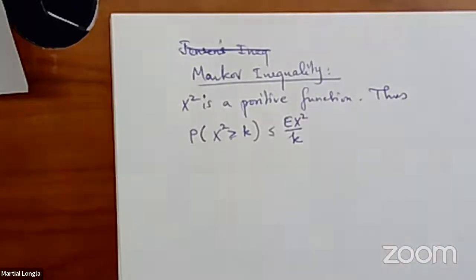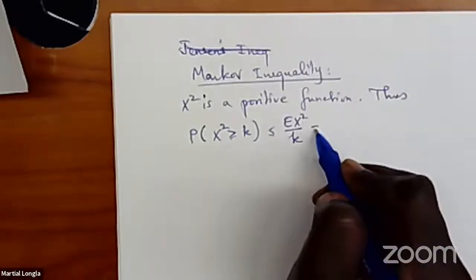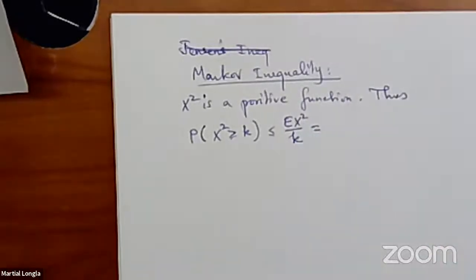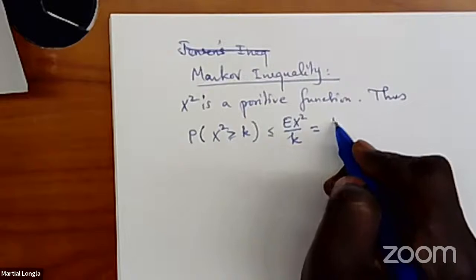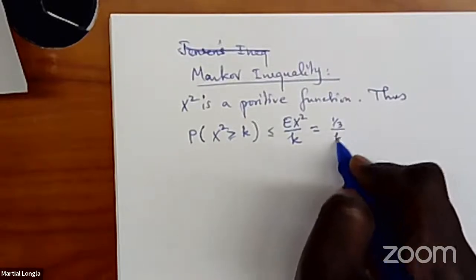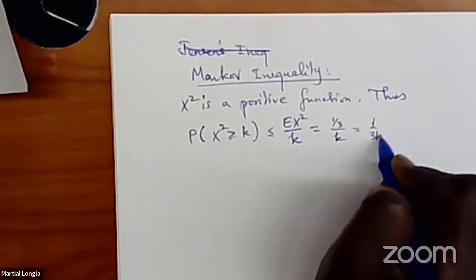That's what that means. And we got the expected value of x squared in this problem to be 1/3. So that's 1/3 over k, so 1/3k.